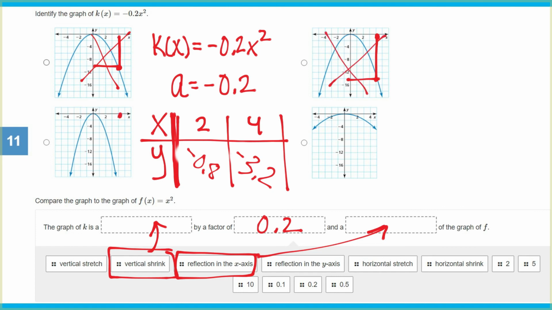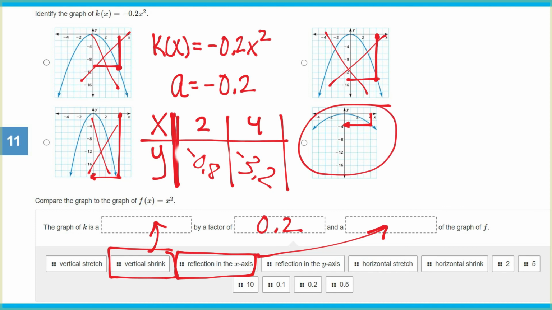Here, where x is 4, y would be, I don't know, off the charts, like at negative 20. So that's definitely not the right answer. But right here, if we look where x is 4, y is a little bit above negative 4, like possibly negative 3.2. So this is the correct graph.